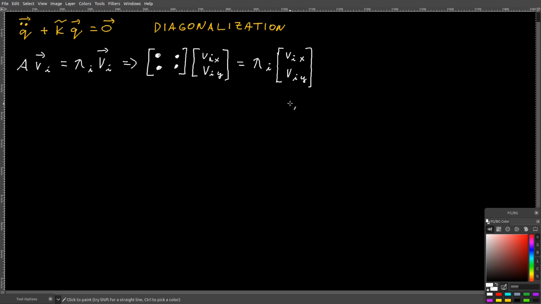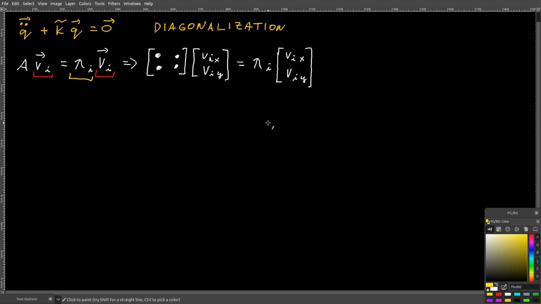For a 2x2 matrix, it would look like this. So this is one of the eigenvectors of matrix A, and then on the other side of the equation, you have the same vector times a constant, which is the eigenvalue corresponding to this eigenvector.